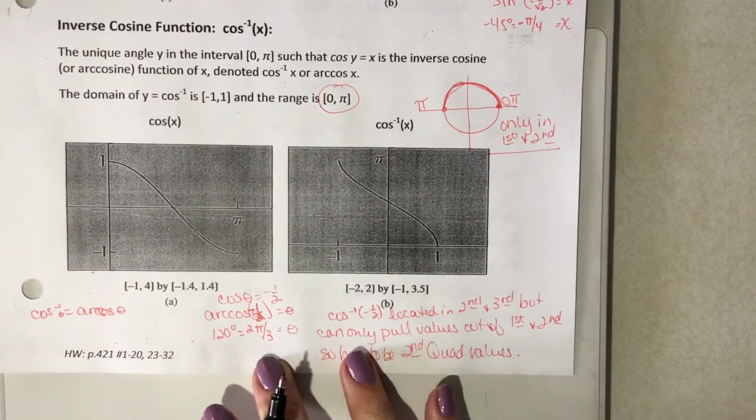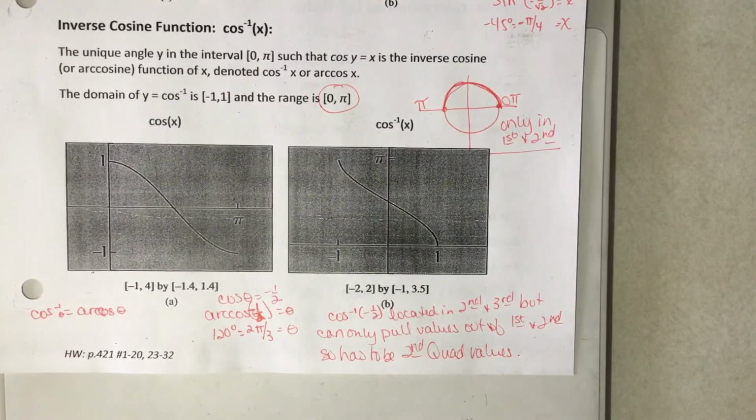All because we had to dissect our trig functions. We had to dissect sine, we had to dissect cosine. And by dissecting that and then flip-flopping our x and y's, we get a new set of restrictions. We get a new domain, values that we can pull from, which limits sine to only be the first and fourth, cosine to only being the first and second.